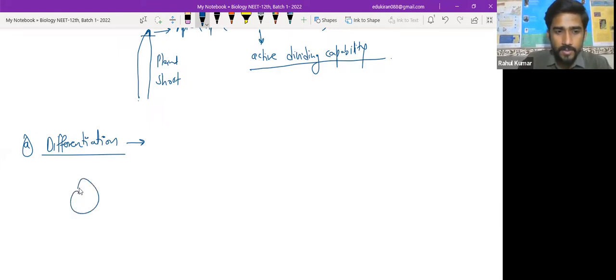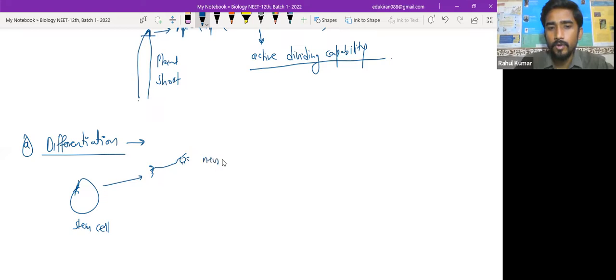So we start from something which is common. We call it stem cell. Have you heard this word before? Stem cell? Stem cell is a common precursor from which we go on forming neurons. Neuron is a special type of differentiated cell which has a specific structure and a specific function. We also go on forming red blood cells, RBCs.